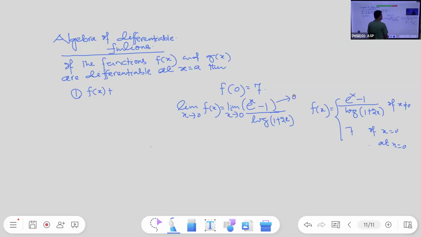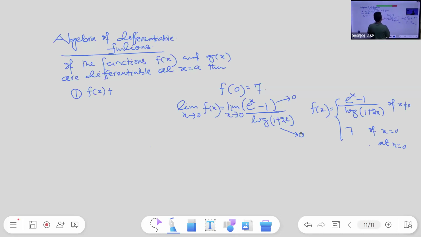Then check the denominator. When x approaches 0, 2x approaches 0, 1 plus 2x approaches 1, log 1 approaches 0. The denominator also approaches 0. So it is a 0 by 0 indeterminate form. So Nirmal, tell me whether I will solve it by using L'Hopital's rule or by using a standard formula. What is your choice?